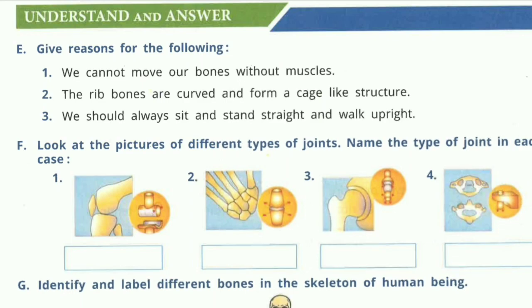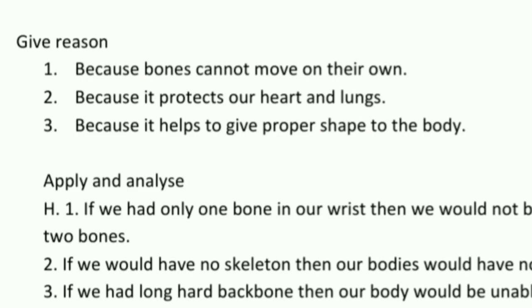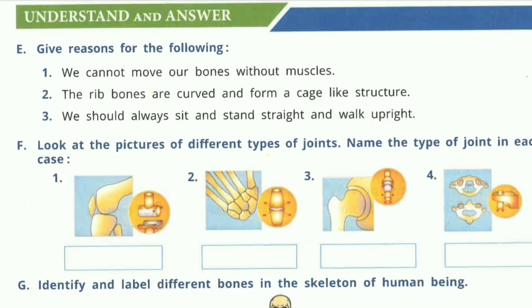Understand and answer. Give reason for the following. Number 1, we cannot move our bones without muscles. Why? Because bones cannot move on their own. Number 2, the rib bones are curved and form a cage-like structure.